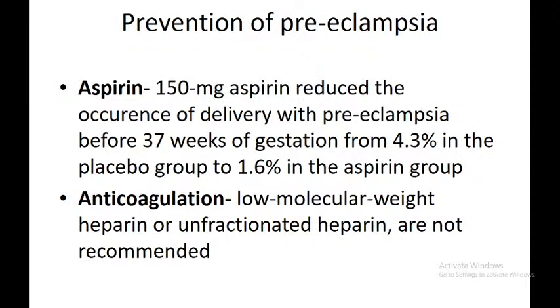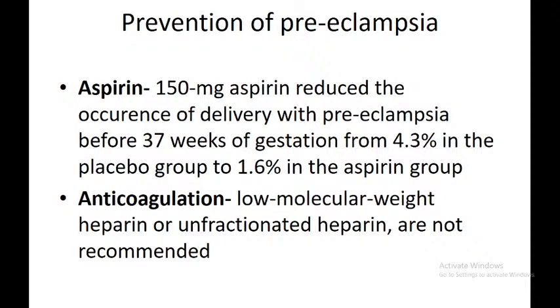And there are a few preventive strategies for preeclampsia. So one is prescribing aspirin in the form of 150 milligrams aspirin. So it is said that 150 milligrams aspirin reduces the occurrence of delivery with preeclampsia before 37 weeks from 4.3% in the placebo group to 1.6% in the aspirin group.